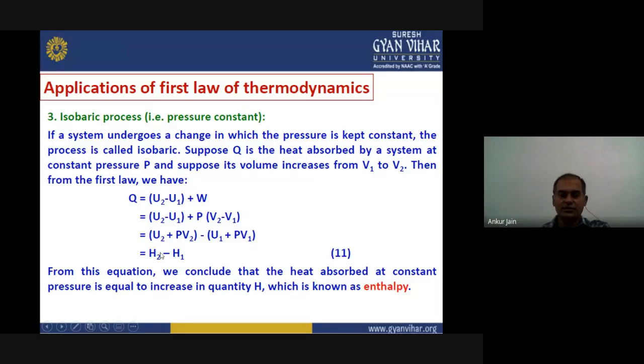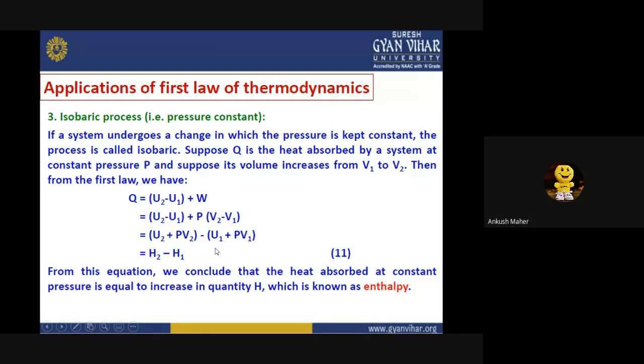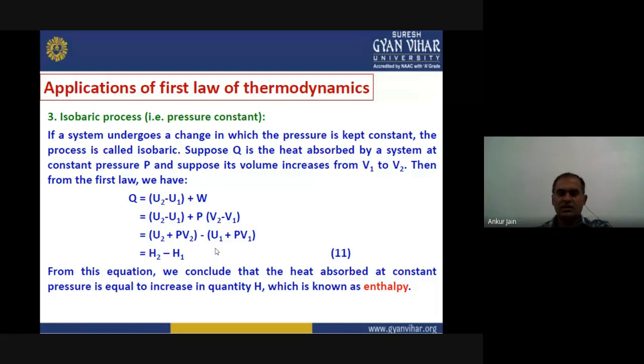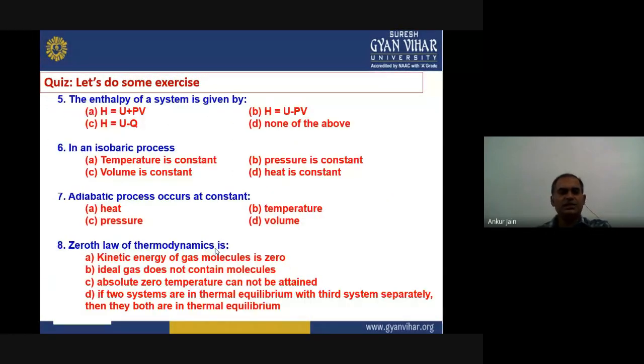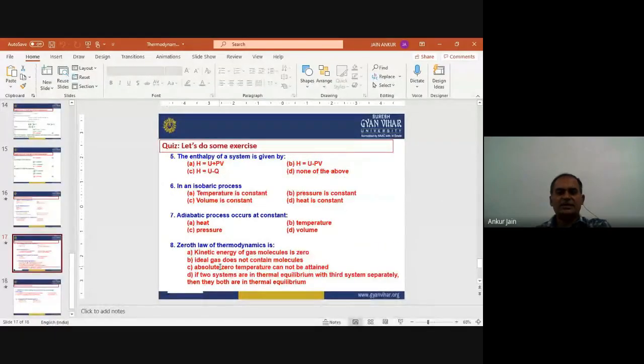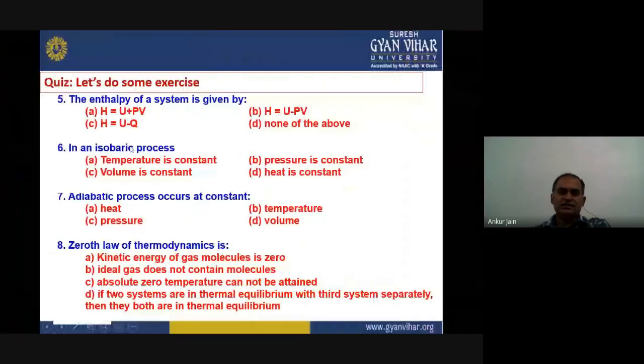So for state 2, it is U2 plus PV2, and for state 1, it is U1 plus PV1. Now, if we look at our question, the enthalpy of a system is given by H equals U plus PV. So option A is the right answer of question 5.